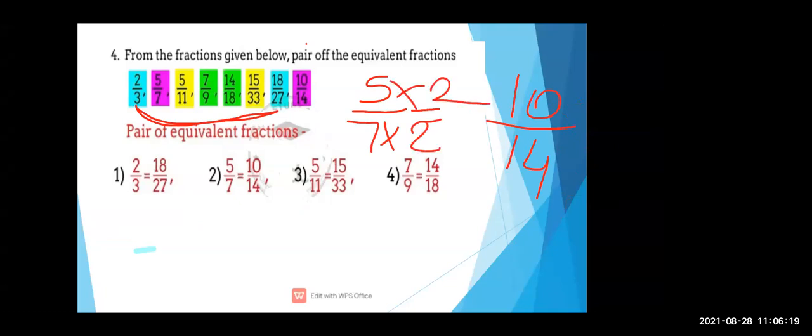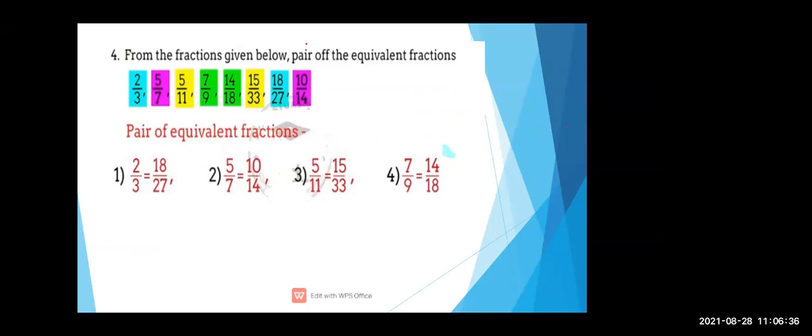So 5 2s is 10 and 7 2s is 14. So the pair of 5 upon 7 is 10 upon 14. In this same way, we have to do the next, that is 5 upon 11.